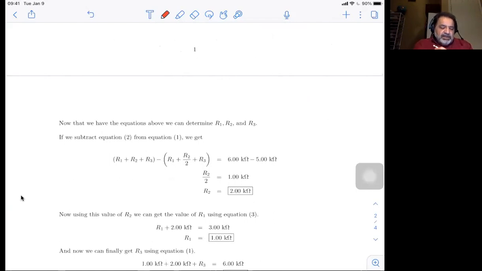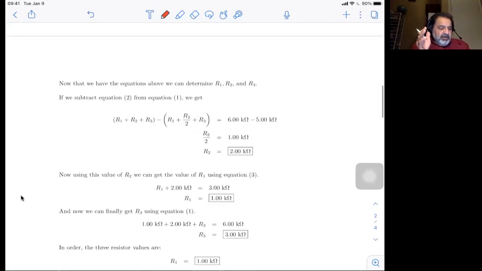So on the left-hand side, this cancels that and this cancels that. All we're left with is R2 divided by 2 is equal to 1 kilo ohm. The 6 minus 5 is equal to 1, so it's 1 kilo ohm. Multiply both sides by 2, and you're left with R2 equals 2 kilo ohms. And so there we've got the solution for R2.